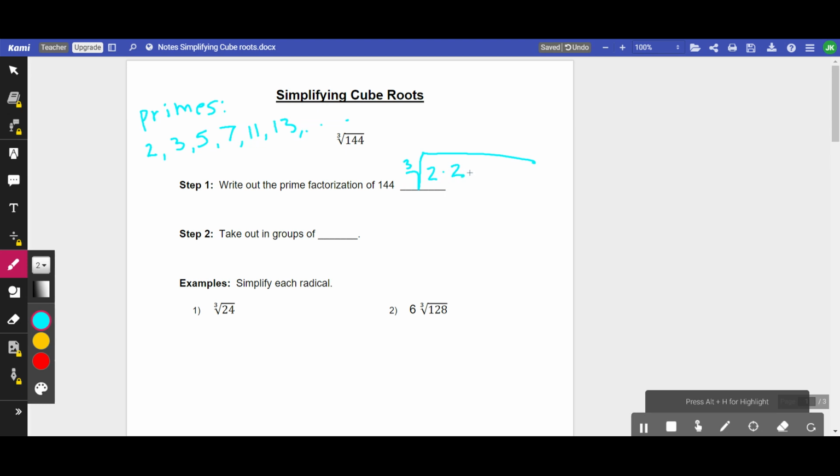And 36 is still even, so you can take another 2 out, which would be 18. Then you can take another 2 out of 18, which puts you down at 9. For 9, you couldn't take another 2 out because it's not even, but the prime that does divide evenly into 9 would be 3. If you divide by 3, you'll get 3, because it's also prime, so you can list that there.